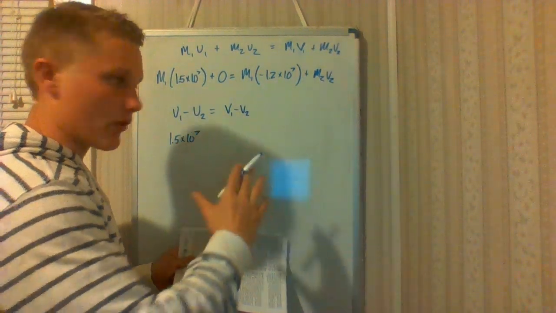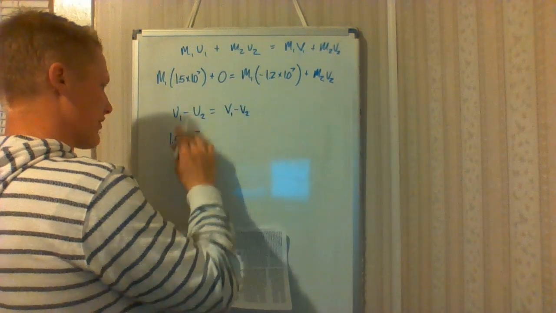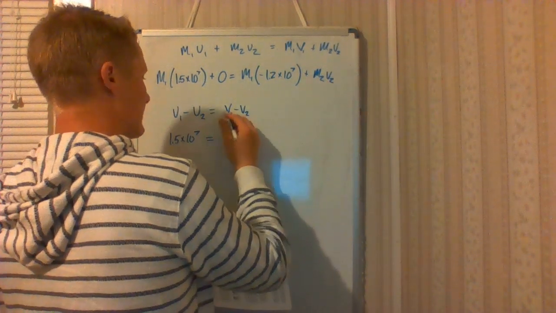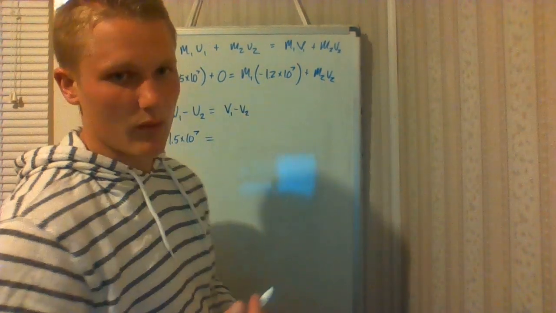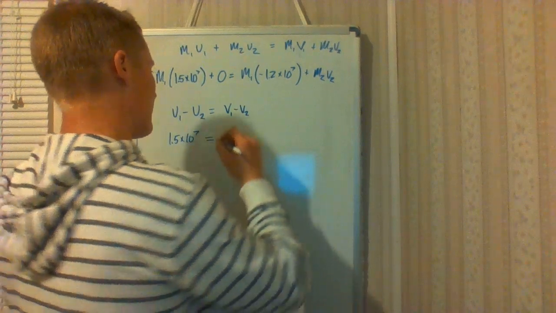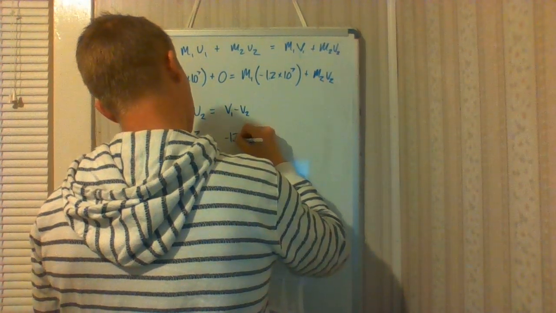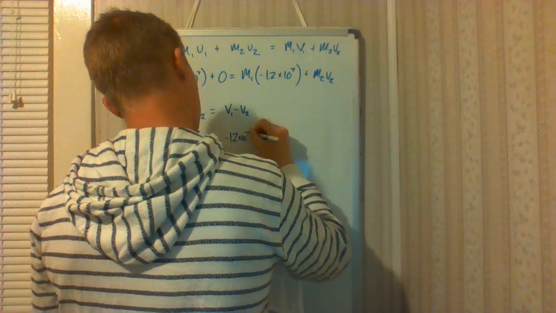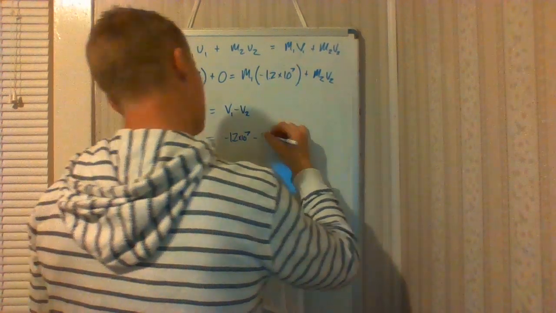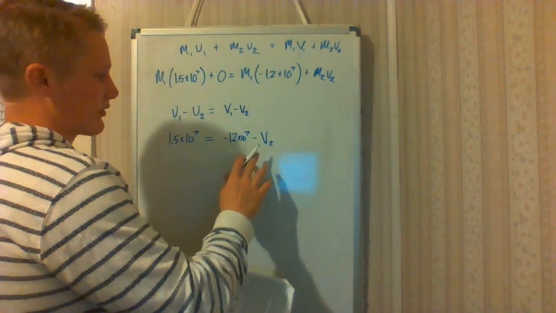The initial velocity for mass 2 is 0, so minus 0 equals our v1, which is the negative 1.2, minus v2, and that's what we want to solve for.